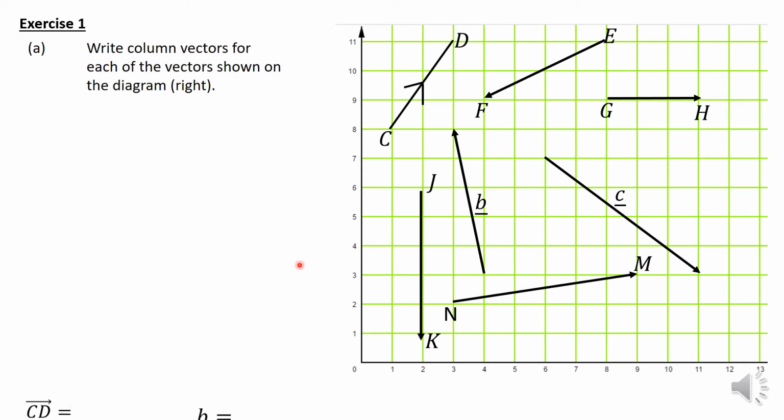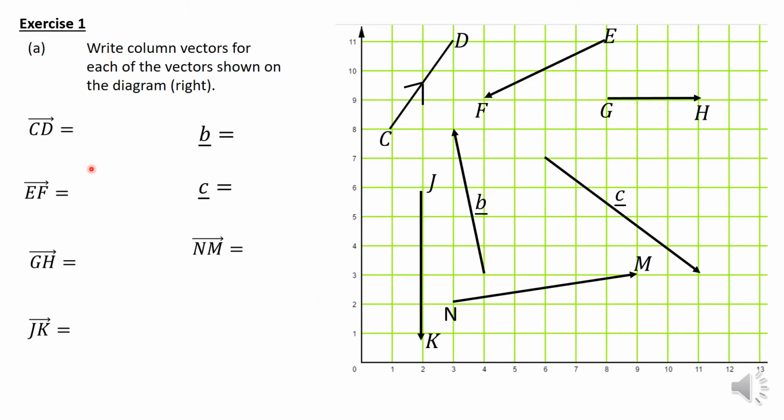Right, so if I bring them in, CD, if you go here, it will now be imperative for you to start counting. So when you go from C to D, we're going 1, 2 units to the right, and then 1, 2, 3 units up.